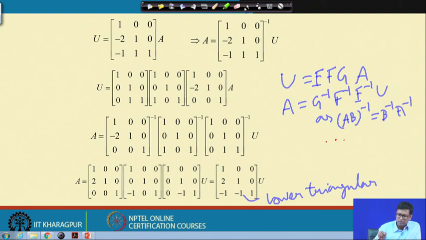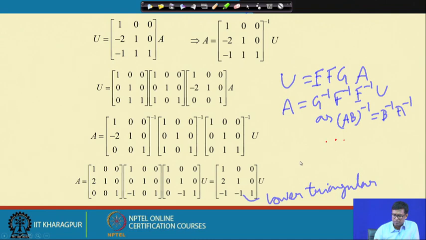So, what we are seeing here is that A comes as a multiplication of the lower triangular matrix, which is the product of the inverses of the matrices needed for the Gauss elimination steps, and U, which is the matrix after all the forward substitution steps of Gauss elimination are over, an upper triangular matrix.